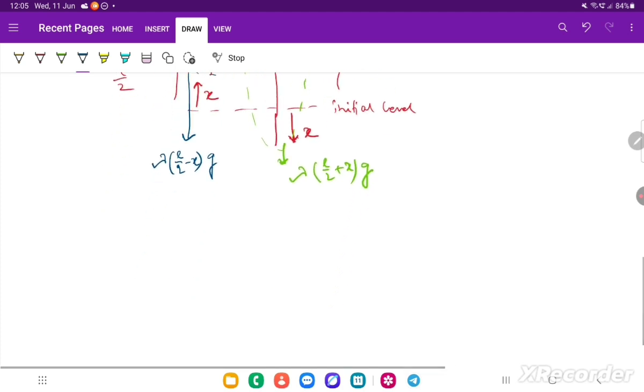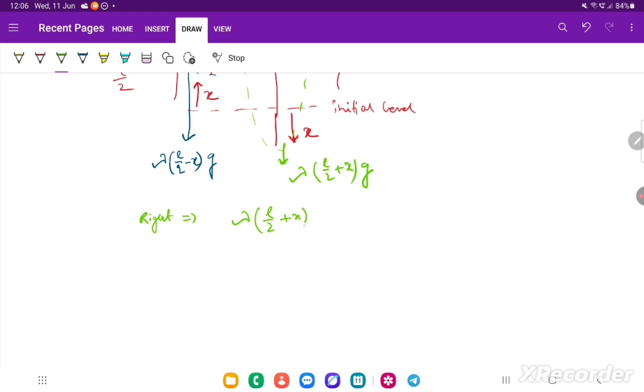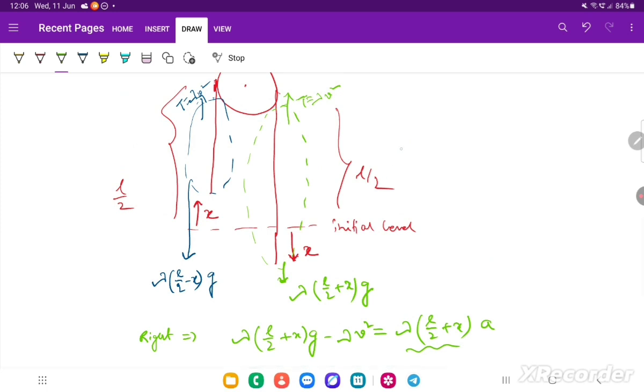So if we write the equation for both parts, for the right hand part, we write this minus this as mass times acceleration. This is the mass and this is the acceleration, because if the right hand part is coming down with acceleration a, the left hand part must be going up with acceleration a.